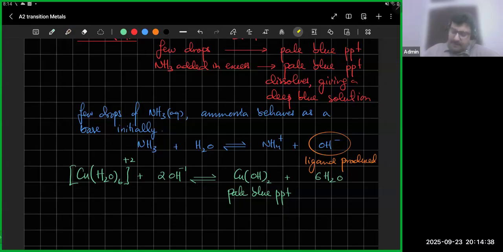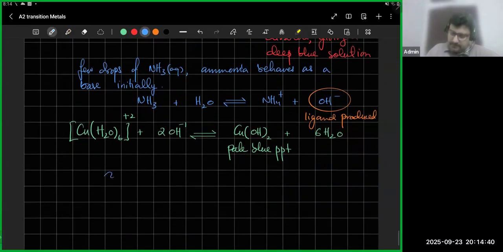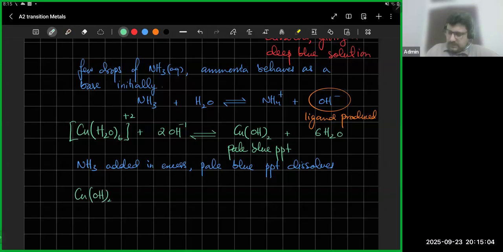Now, the same thing when you add ammonia in excess: your pale blue precipitate dissolves. So your Cu(OH)2 solid, now you start adding ammonia in excess.